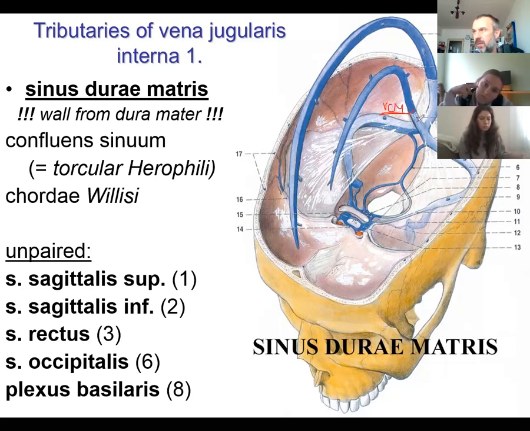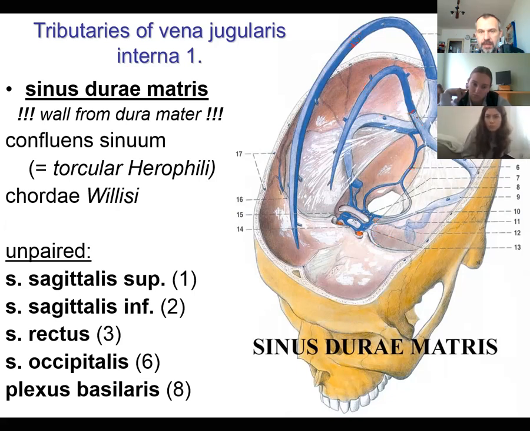So this is the rectus sinus or straight sinus, the sagittalis inferior, sagittalis superior. This is the occipital sinus here. And this, which is not well visible, is basilar plexus. Okay, so these are unpaired.